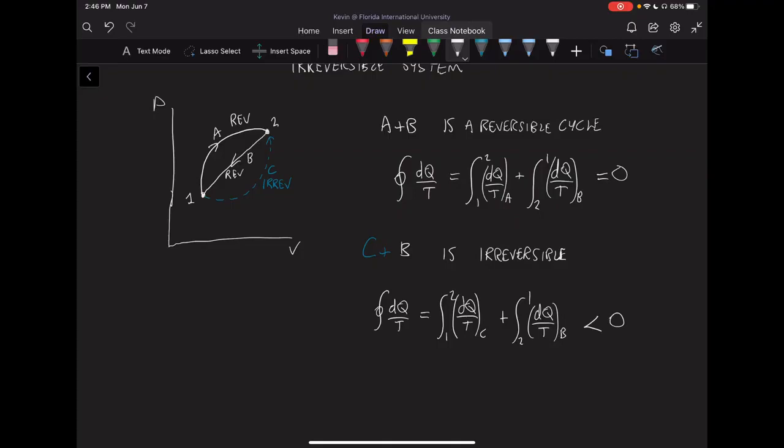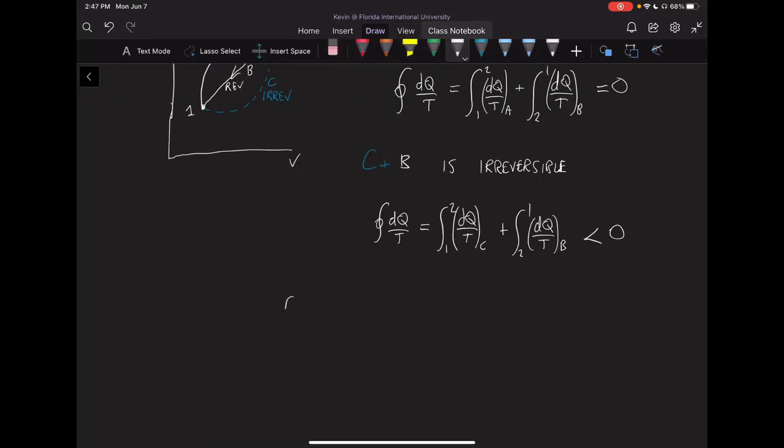Okay, the best case scenario is that it's equal to 0 and we have a reversible cycle. And what that means is that if it's less than 0 and B is the same process, so B is a reversible process, we can say from this that the integral from 1 to 2 of dq over T for A has to be greater than the integral from 1 to 2 of dq over T for C. It has to be a greater value because one is equal to 0 and the other one is less than 0.